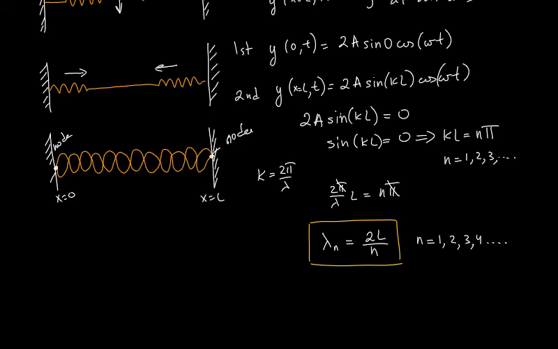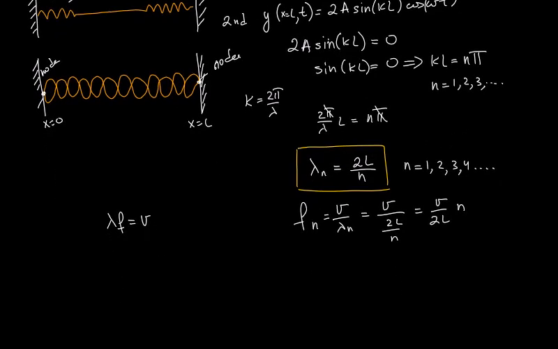From here, we can also talk about the frequencies at which standing waves can exist. To find the frequencies, we need to recall that λf equals v. So frequency n would be v over λn, which gives us v over (2L over n), or v over 2L times n.